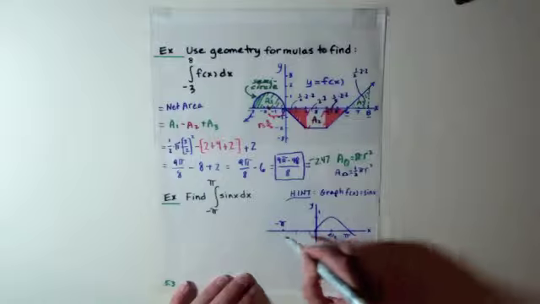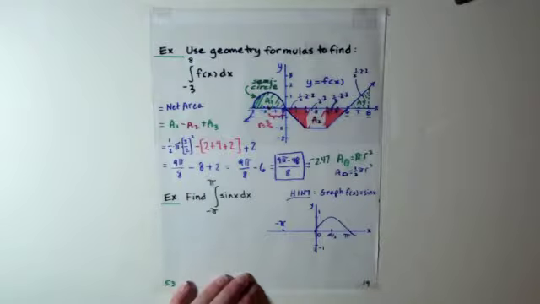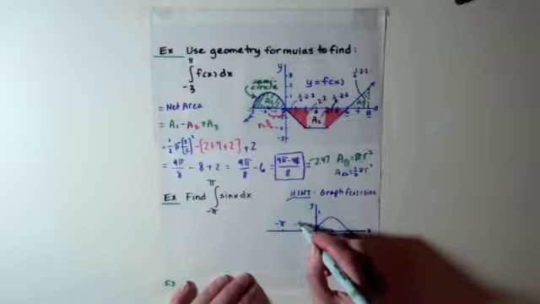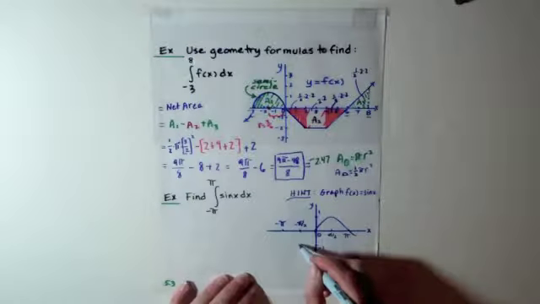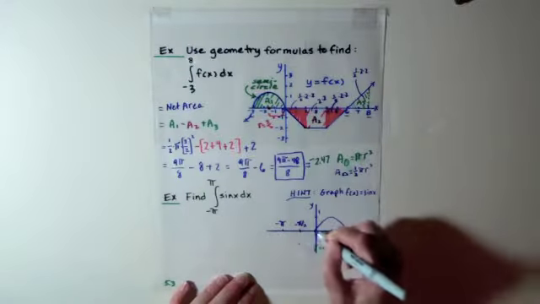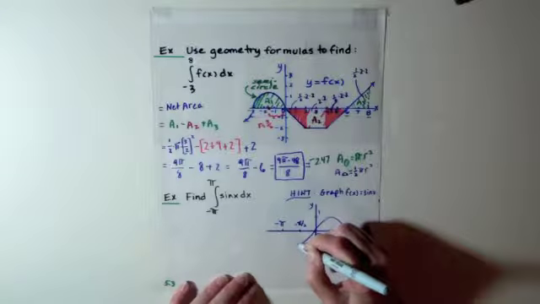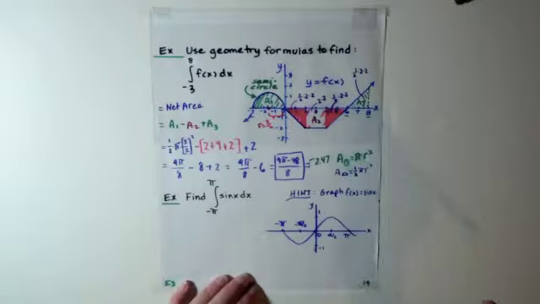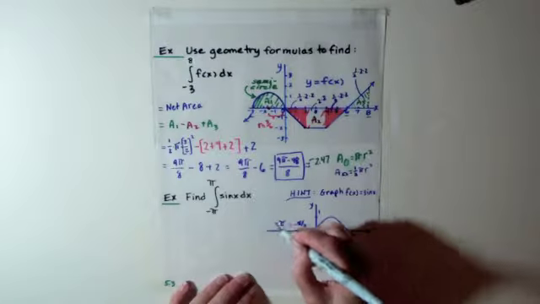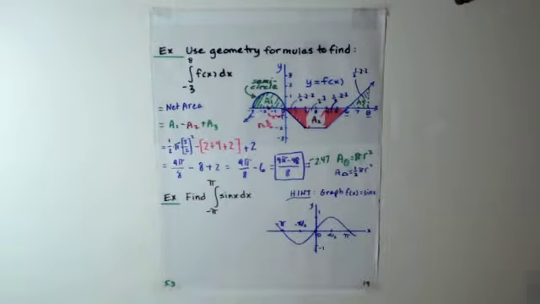If I go to the left of x equals 0, well, I know that it reaches a minimum at minus pi over 2 of negative 1, and then it returns to the x-axis at minus pi. Sine of minus pi is again equal to 0, and then the curve just continues periodically to wave every 2 pi units.